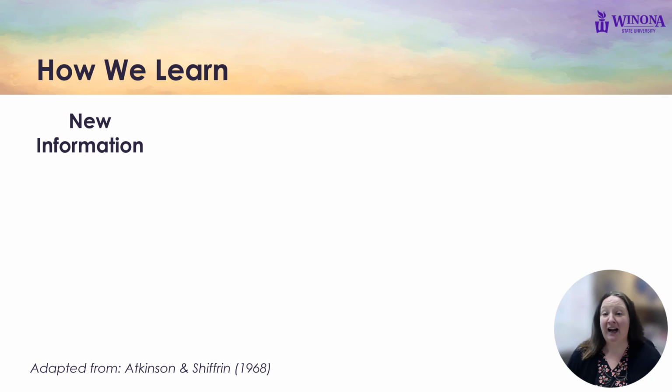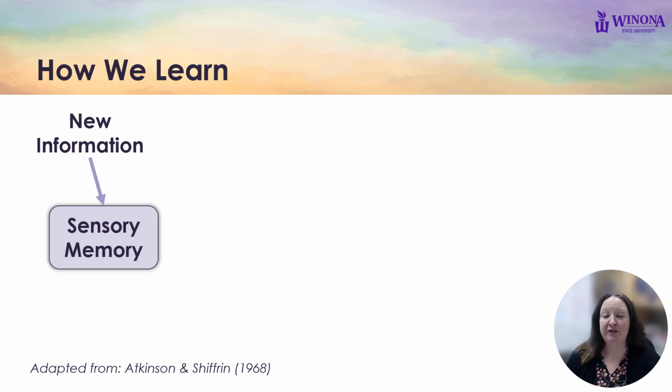You're probably right now hearing something, smelling something, reading something, touching something, perhaps tasting something. All of these stimuli are coming in at the same time, and this new information is processed through what's called our sensory memory. So our 5 senses are all processing this information.